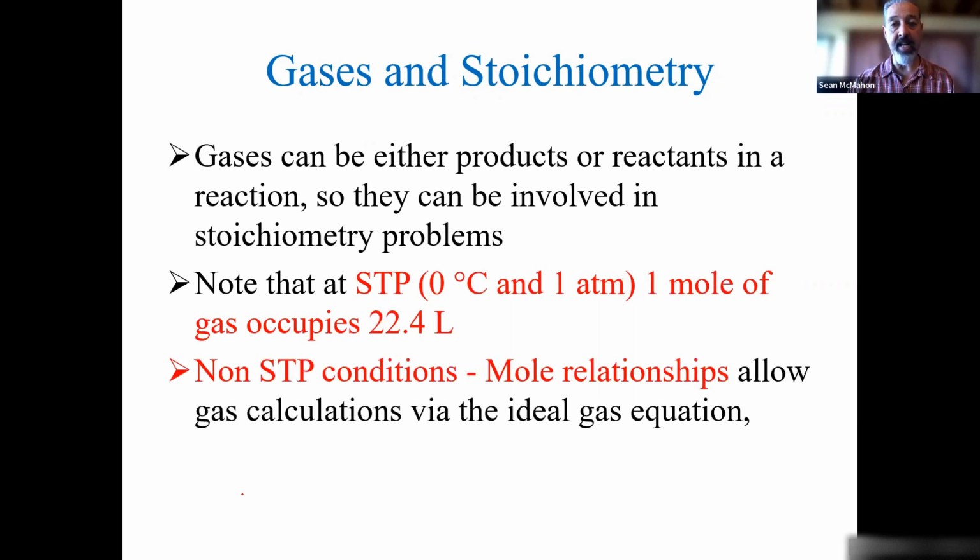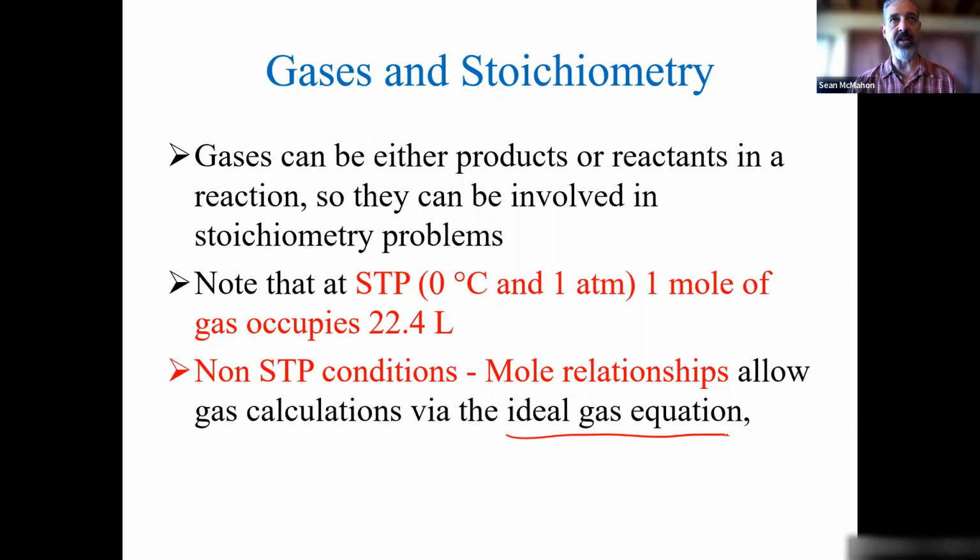There are gas law stoichiometries in non-STP conditions, and we can still solve those using our mole-to-mole relationships. We can do that using the ideal gas law equation, maybe an Avogadro's law where there is a change in conditions. So we will cover that.